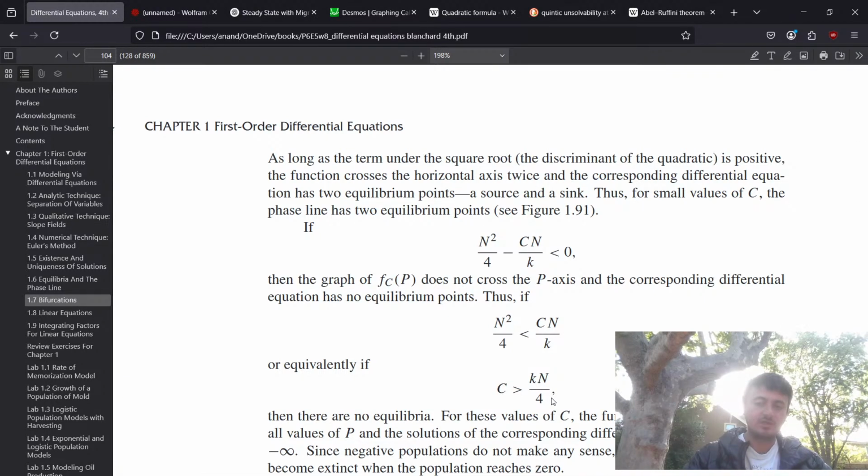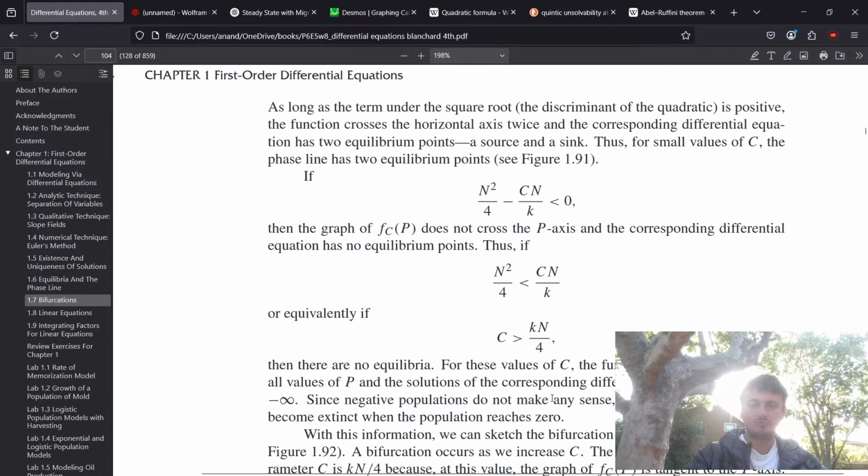That's going to be the node case, where you're on the boundary of whether there are 0 equilibrium points or 2, and you have 1. And if C is greater than that, then there are no real solutions.